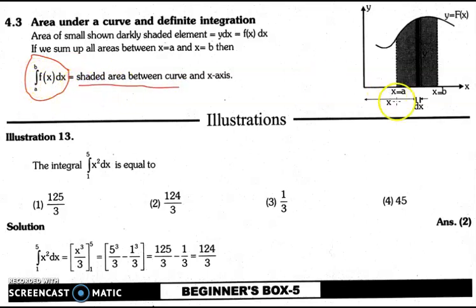Actually what we are doing is finding the area under this curve from x is equal to a to x is equal to b. That is why such an integral is known as a definite integral with limits, and there is no constant of integration added in such integrals.